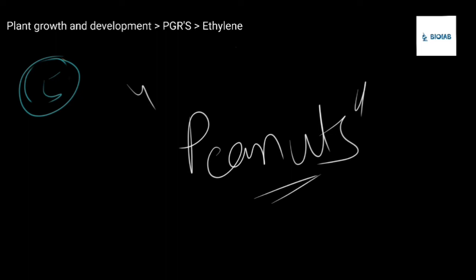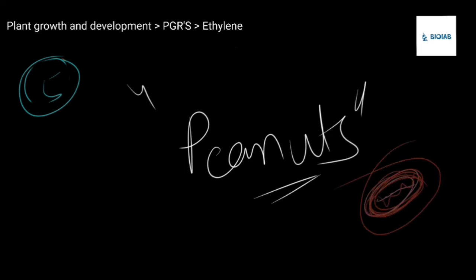Peanuts are light brownish in color, something like this. This peanut is also undergoing seed dormancy.